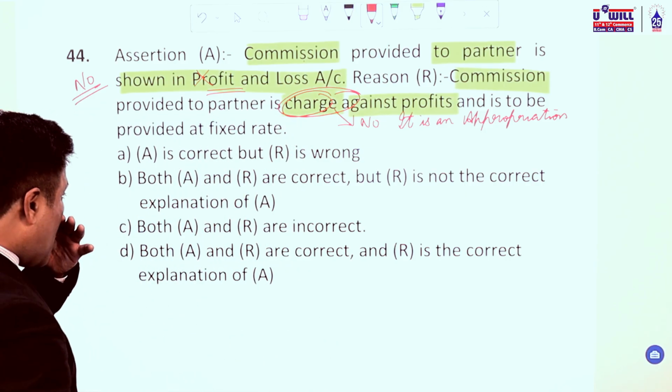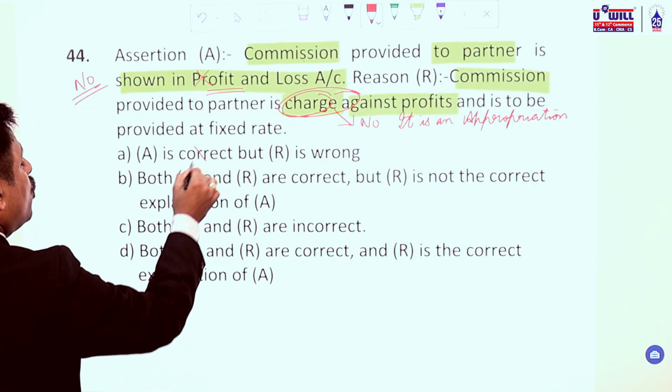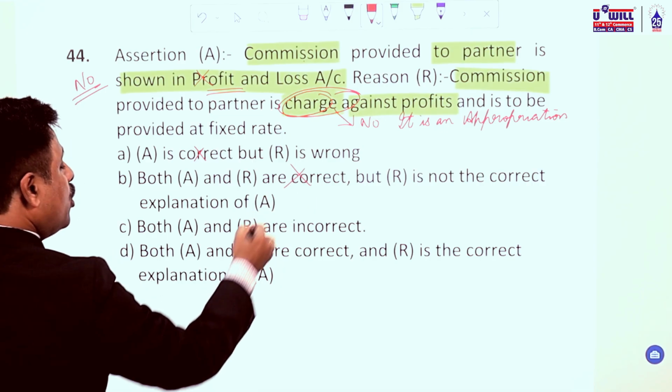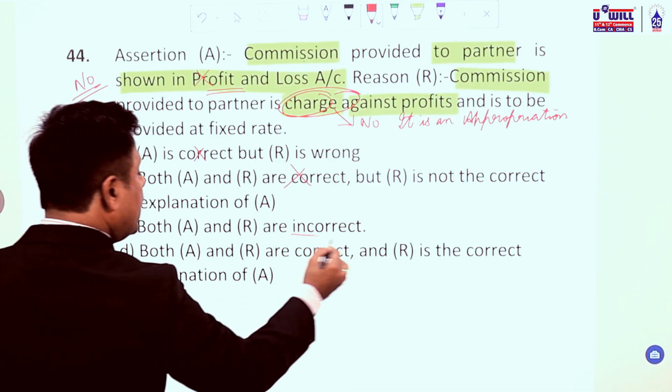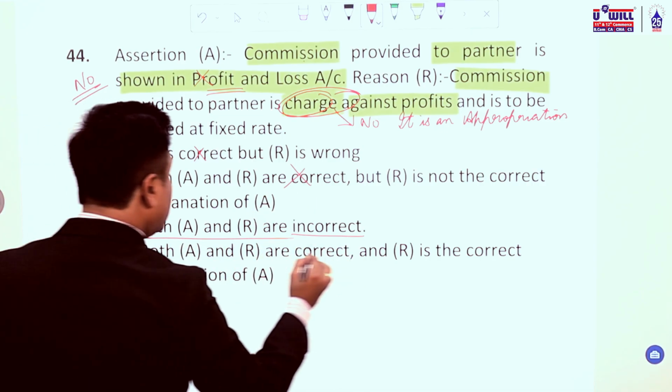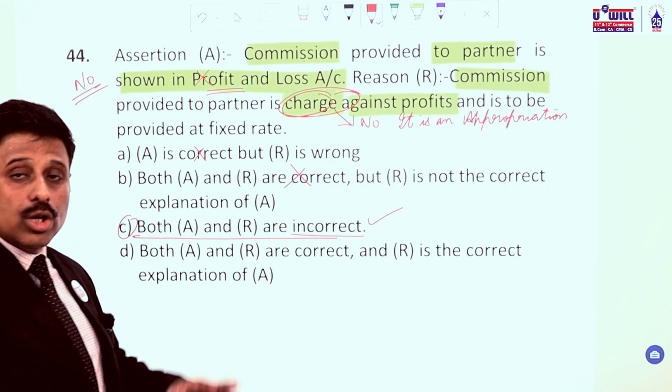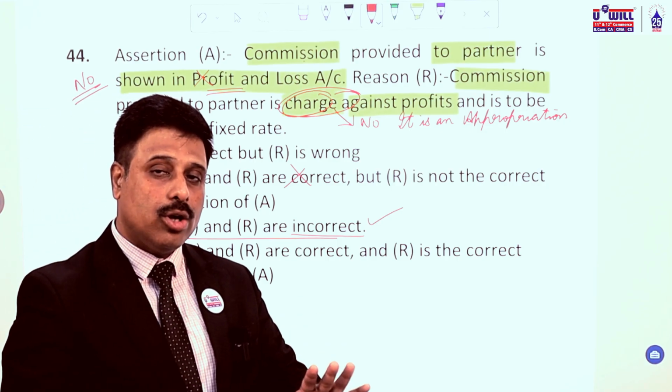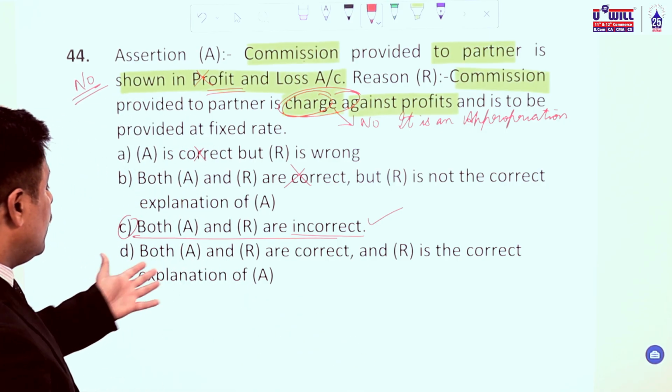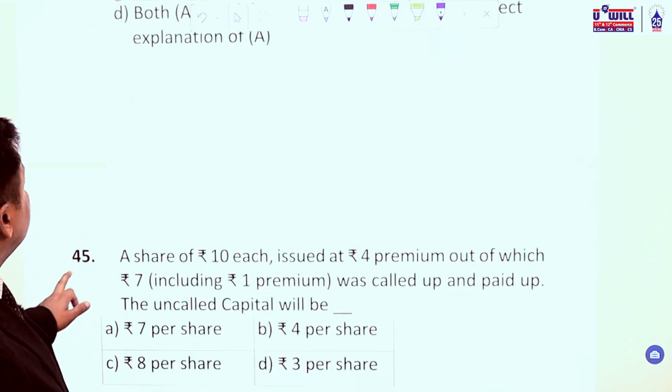So both are wrong. A is correct, no. Both A and R are correct, no. Both A and R are incorrect, yes. Option D is your correct answer. Both assertion and reason are wrong. They are incorrect. Okay.